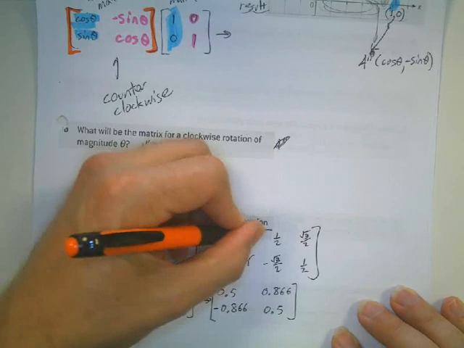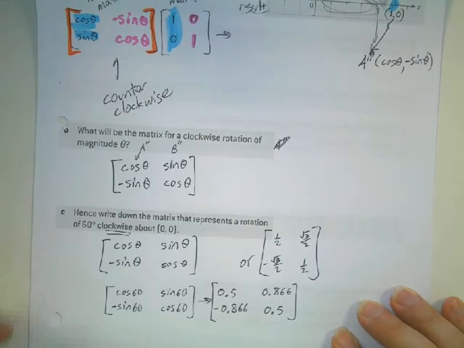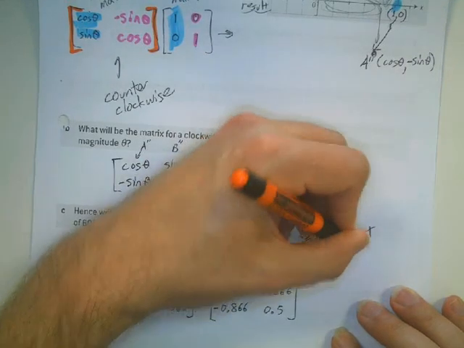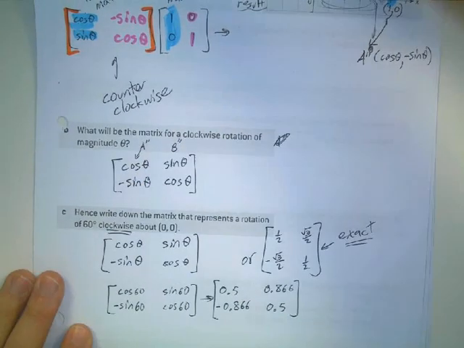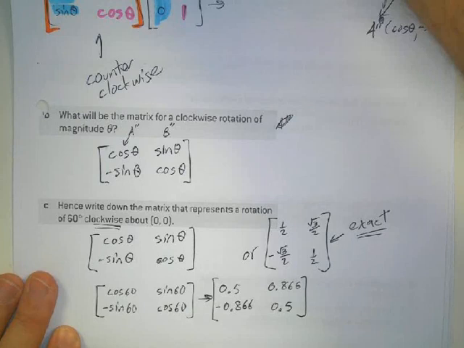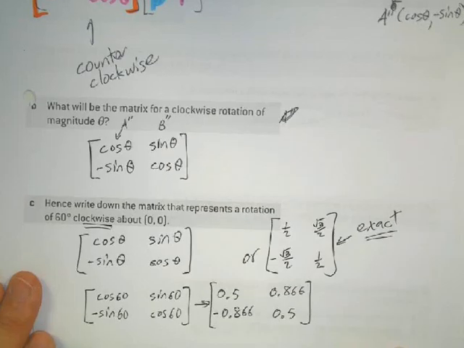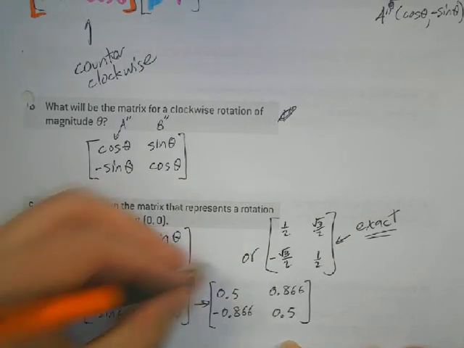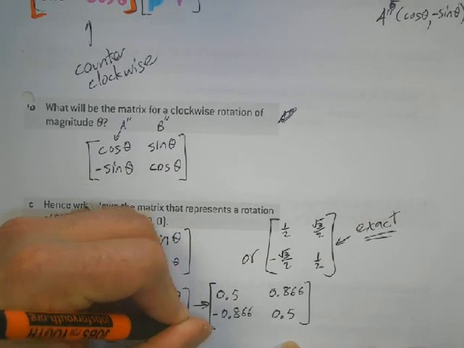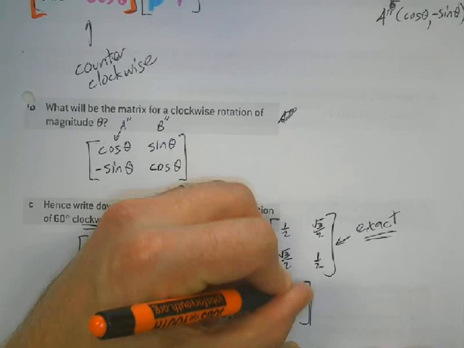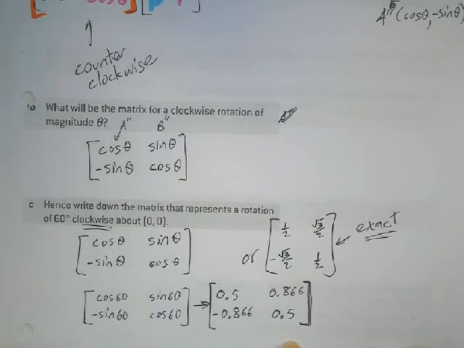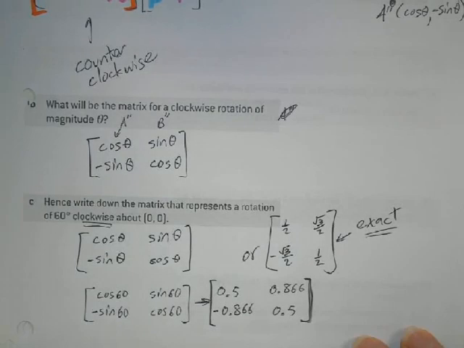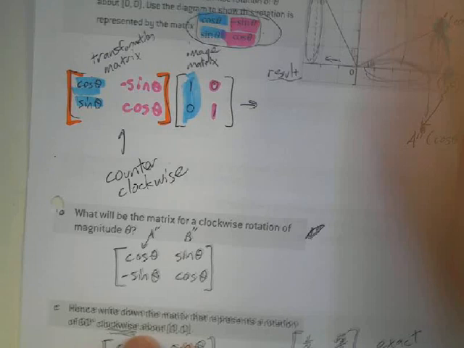I could have written my matrix like that if they say exact. So depending, if you do this in college and you're in some intense engineering course, they might want this answer. In the IB Math Applications and Interpretation HL course, I think they're fine with the decimal here, unless they specifically or otherwise state exact. Okay, so that's rotation.